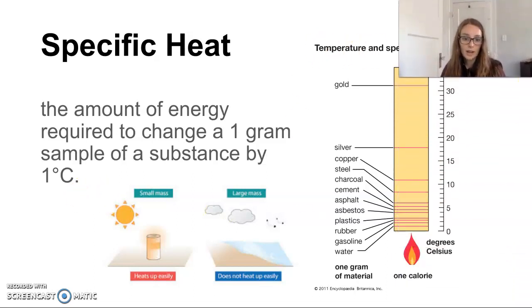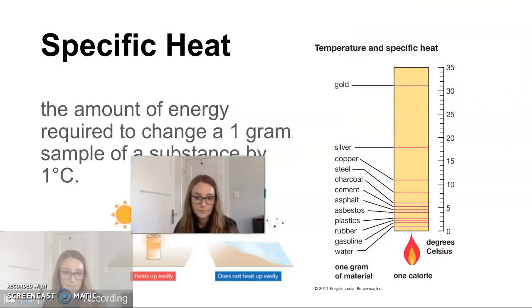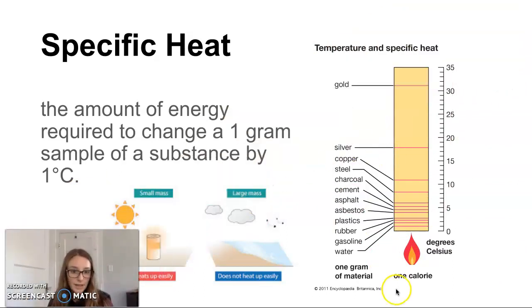So this picture we see over here, if we take a look, we see all of these substances, gold, silver, copper, water, etc., have been applied the same amount of heat.